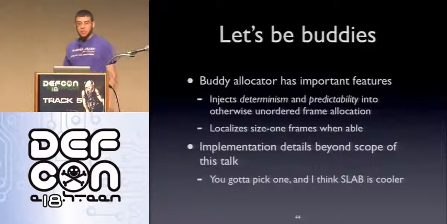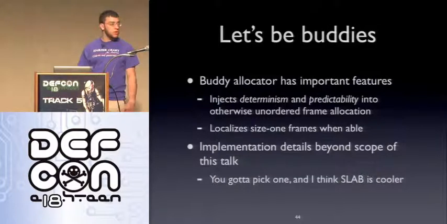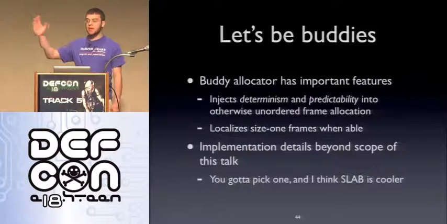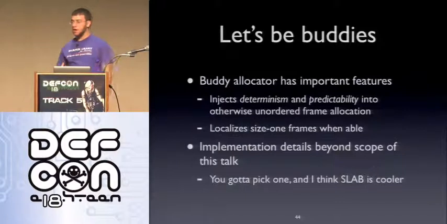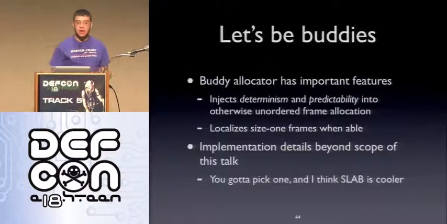But what's important about the buddy allocator anyway? With a run-of-the-mill frame allocator that's just grabbing frames, there's no real ordering to those frames. So this is going to inject determinism, predictability into frame allocation that otherwise we'd just be picking frames at random.